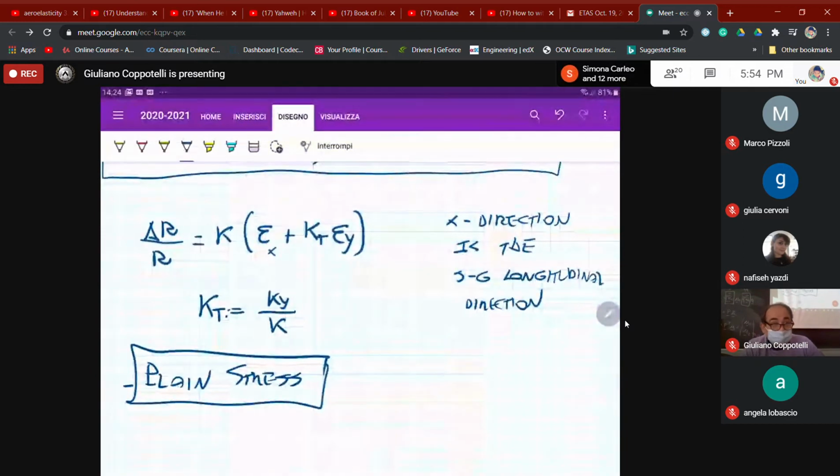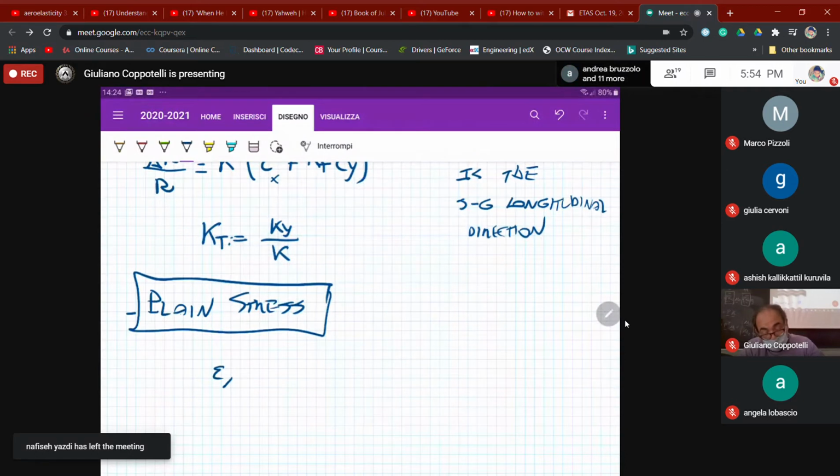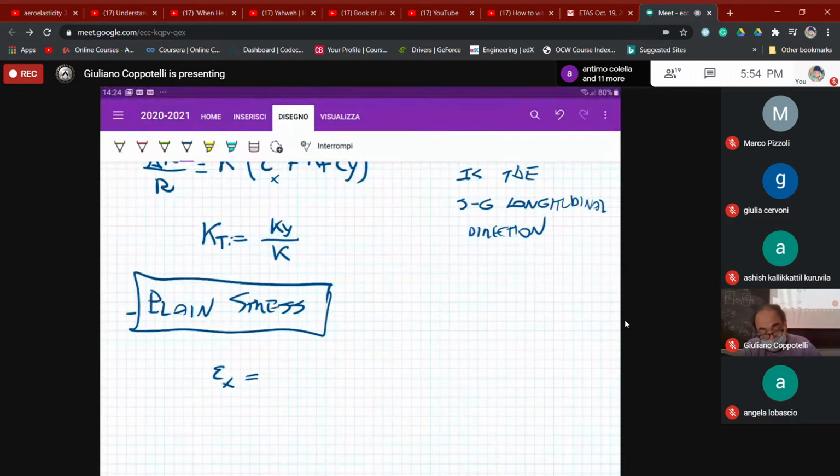the plane stress equations are leading us to write this relation between the axial strain, the transverse one, and the stress by this equation.